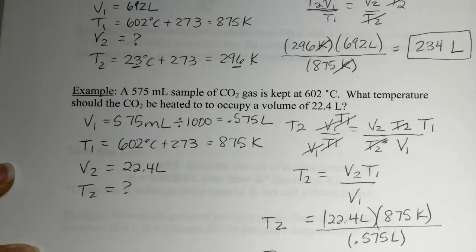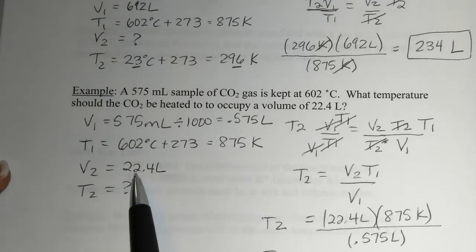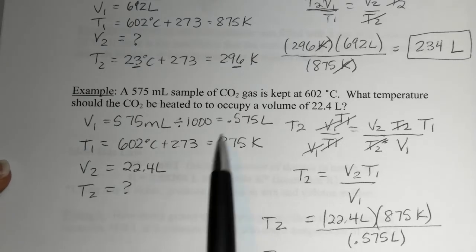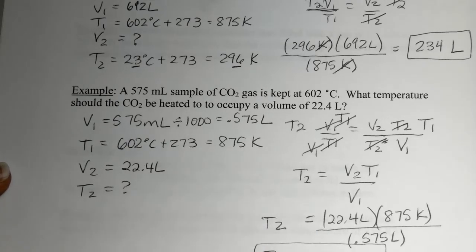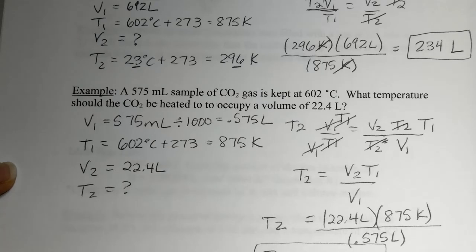And then my volume went up to 22.4, and so my temperature had to also go up quite a bit, right? Volume, that's a factor of, gosh, over 40 times, so the temperature is going up by about the same amount. So temperature to 3 significant figures, 34,086, so I rounded that up to 34,100 Kelvin.